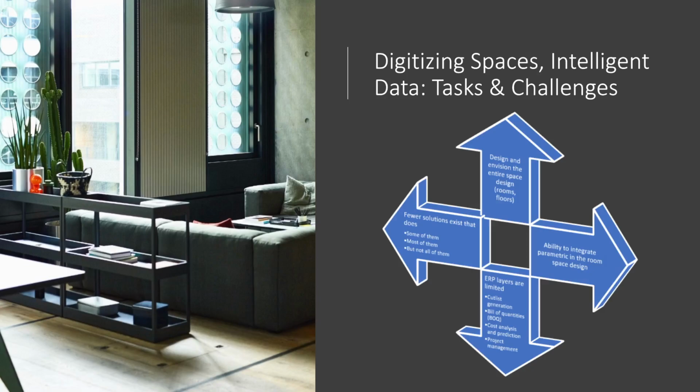But the first and foremost challenge is the ERP layers are severely limited. By achieving these two tasks, it's difficult to produce the generation of cut lists, or to produce a sheet of what are the parts that I need to assemble this particular piece of furniture or to design this whole room. And the bill of quantities.